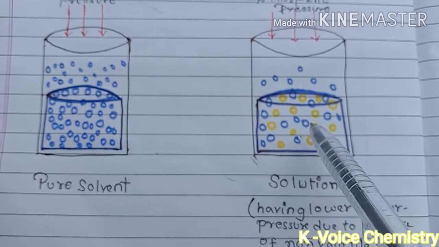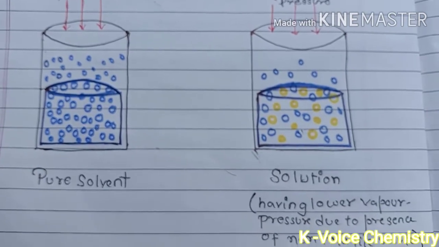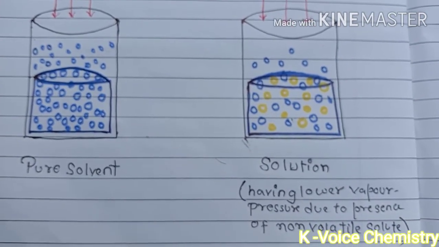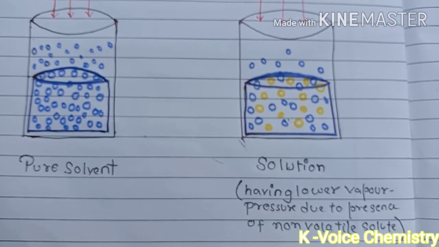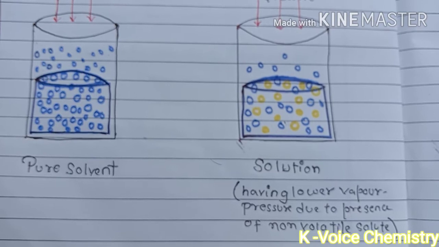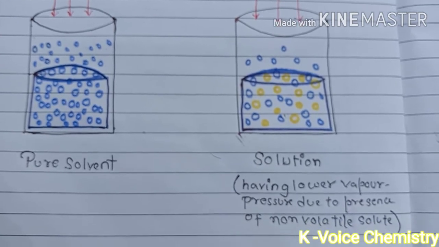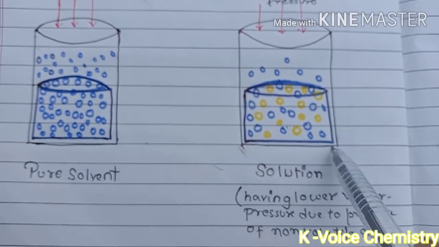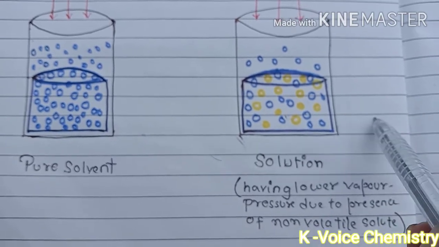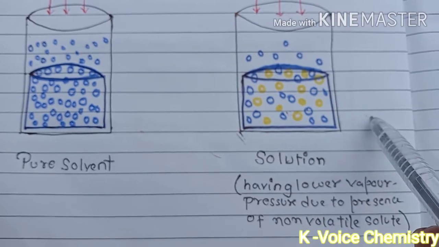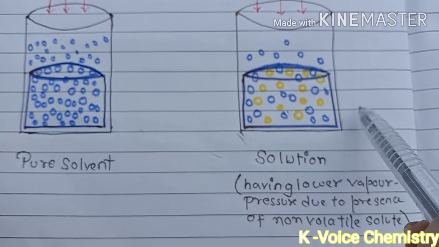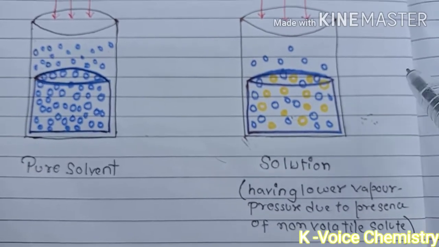So we must heat this solution to a higher temperature in order to make its vapor pressure equal to the atmospheric pressure. Hence, as we are increasing the temperature, we see an elevation in the boiling point.